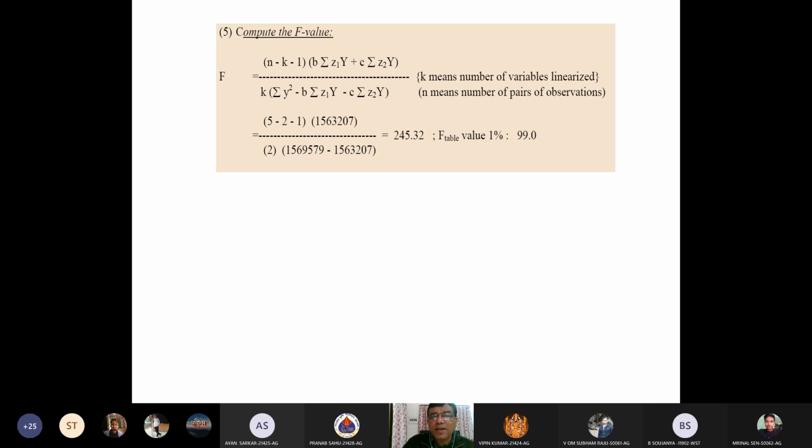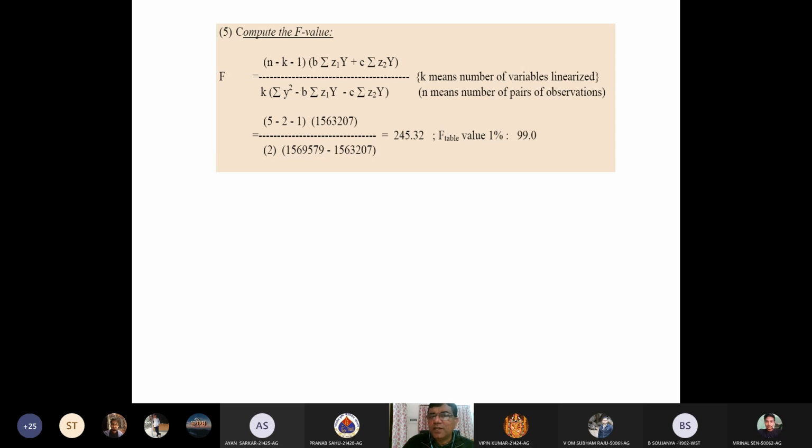Here you see n means number of pairs of observations, how many pairs have entered, and in this case there were 5 pairs, and k means number of variables linearized. So here two variables were linearized, one was x and the other was x square. If it was cubic, then there would be three variables, x, x square and x cube.